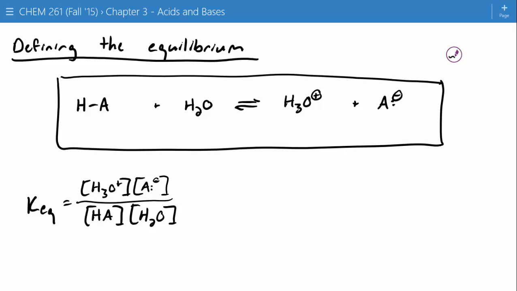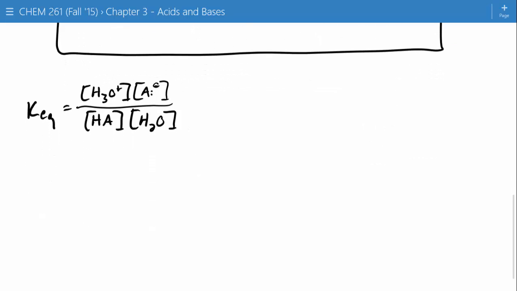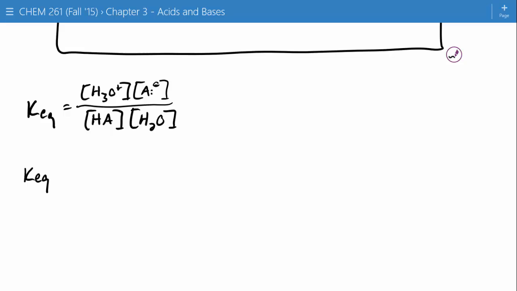And what chemists do oftentimes is this concentration of water, because it's the bulk solvent, usually is relatively unchanged during the reaction. And so we turn this into a constant. And so I'm going to rewrite this a little bit differently and pull out that H2O expression over on the left-hand side.